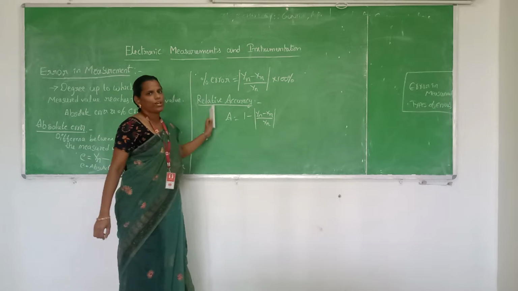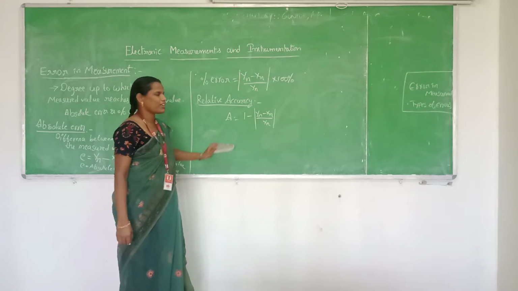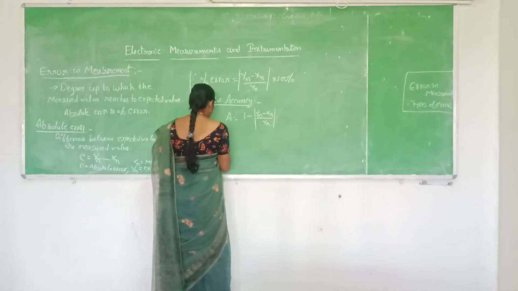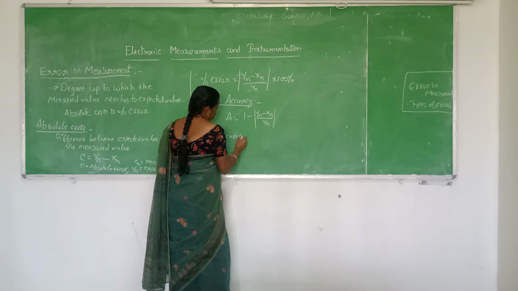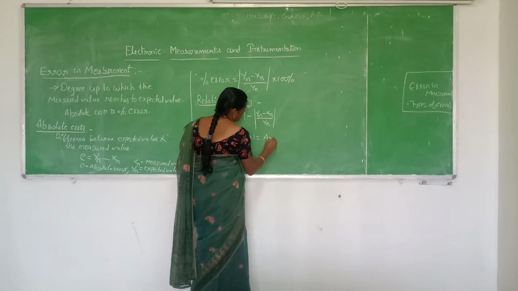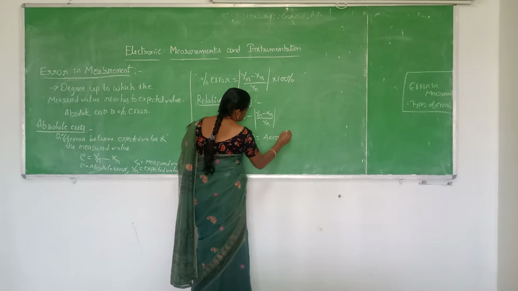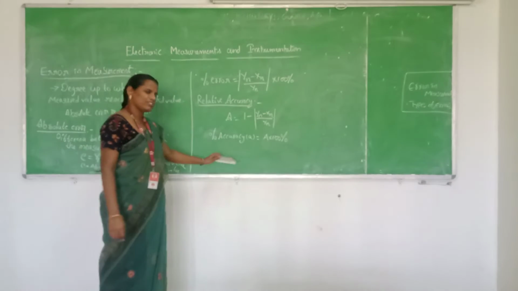This is the formula for the relative accuracy. From this we can determine the percentage of accuracy. The percentage of accuracy, small a, equals capital A into 100 percentage. This is the formula for the percentage of accuracy.